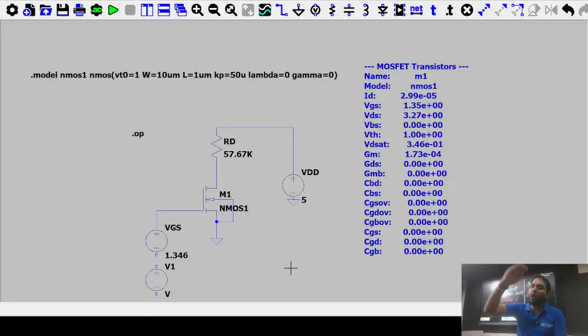That operating point is set, that is VGS. Now I am giving a small signal over that voltage 1.346, your DC voltage. I am superimposing a very small voltage, that is 10 millivolt only. I want to change by 10 millivolt at that point. What is happening at the output side?